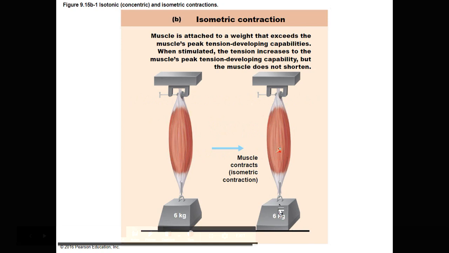It's the same thing for this muscle that can't lift this weight. It's not generating a force greater than the force generated by the weight. So the muscle can't shorten because it can't lift the load.